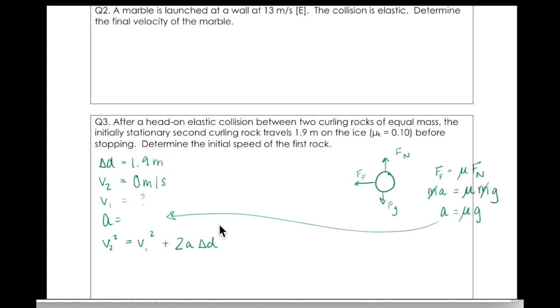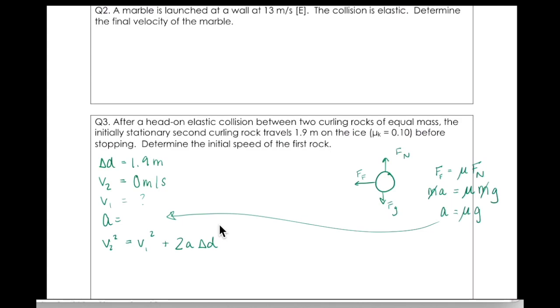The distance that the second object traveled was 1.9 meters. The final velocity is going to be 0, because it travels before stopping. So we need to know the initial velocity of the rock when it collides.